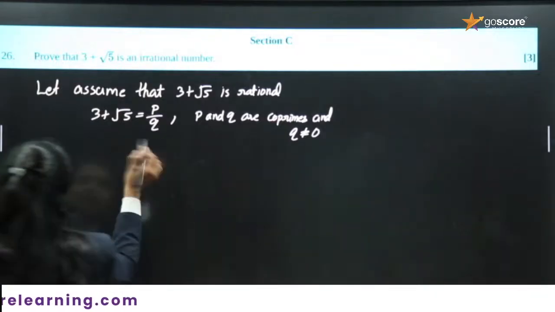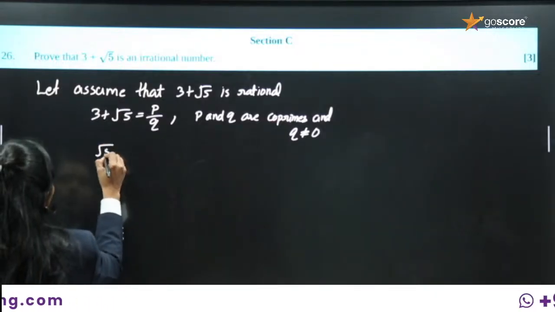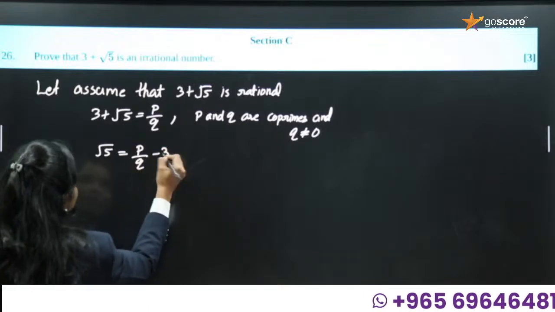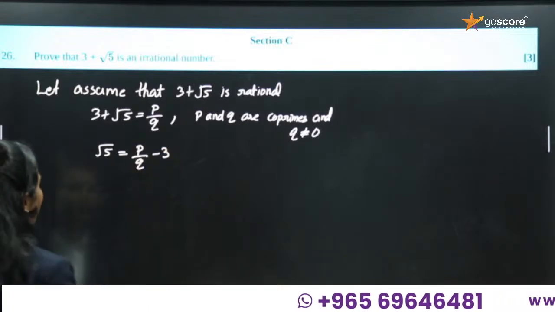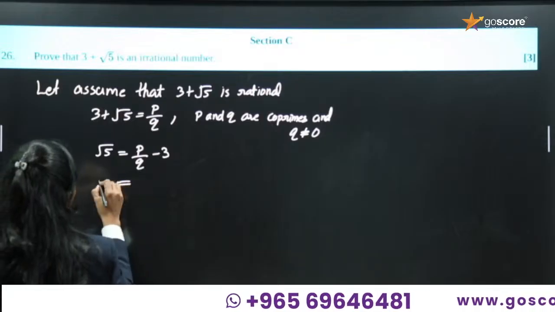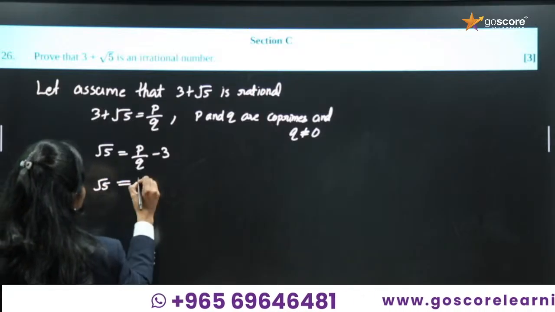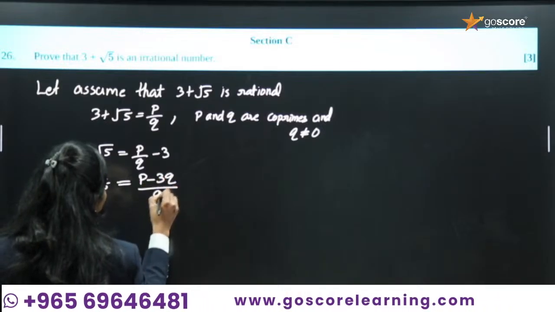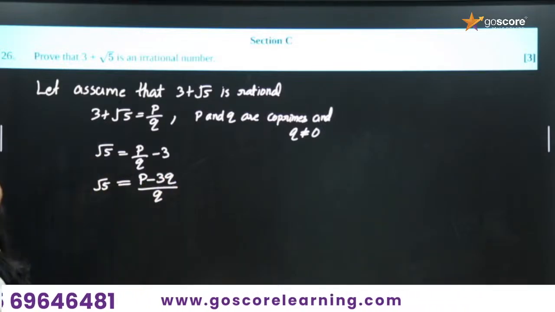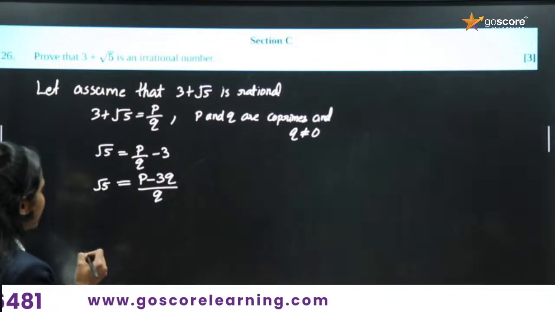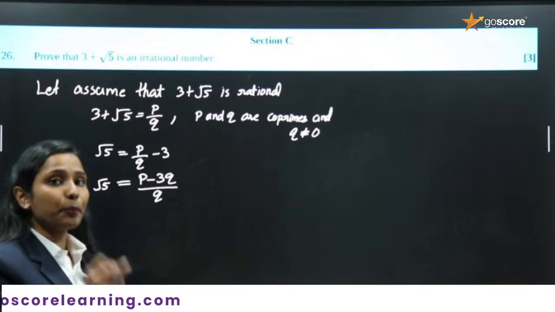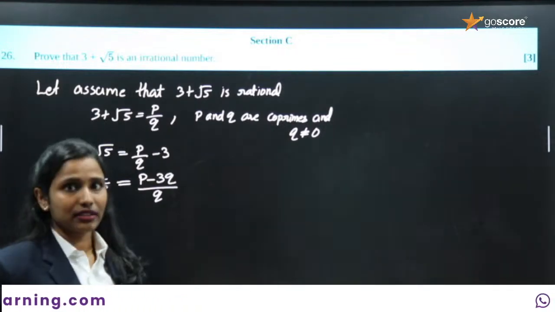Now we will rearrange it. So root 5 is equal to p by q minus 3, which is equal to root 5 equals (p minus 3q) divided by q. Here we can see in the LHS we have root 5, that is irrational, that we know.